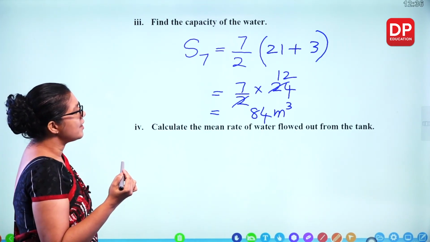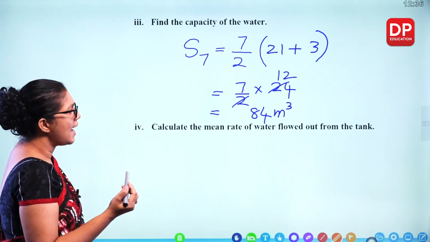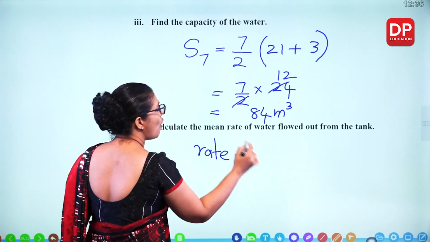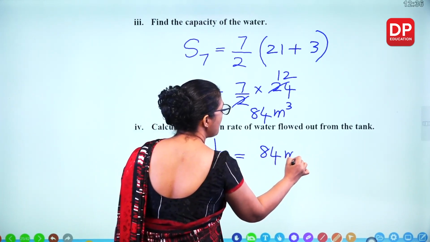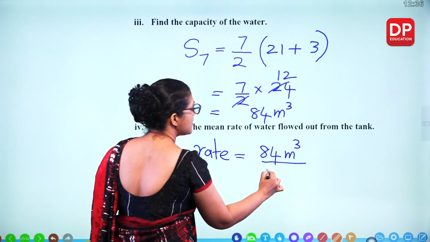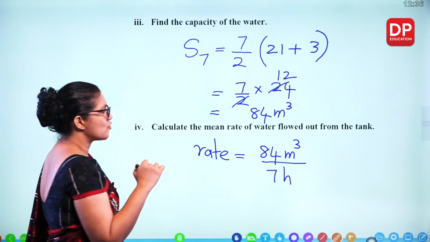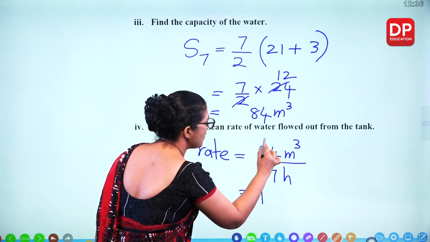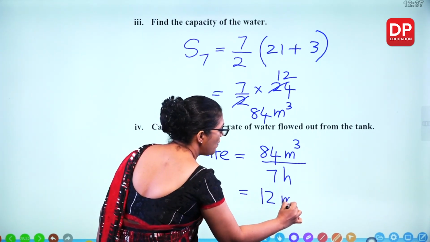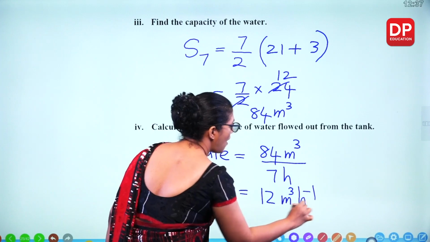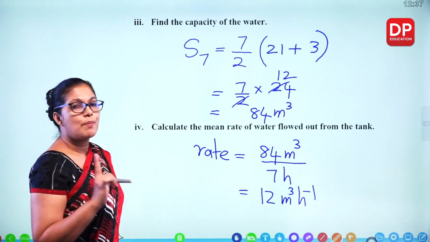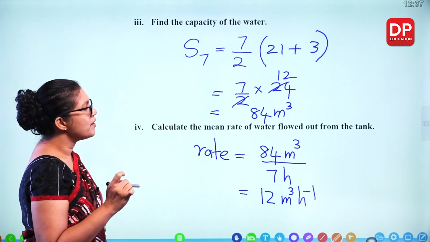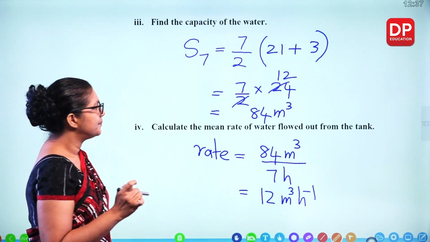Calculate the mean rate of water flowed out from the tank. So how do you find the rate? Total volume 84 cubic meters within 7 hours. So that's the rate, 84 over 7. 7 times 1 is 7, and 2 cubic meters per hour. 12 cubic meters per hour is the mean rate of water flowed out from the tank.